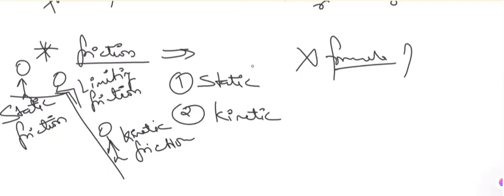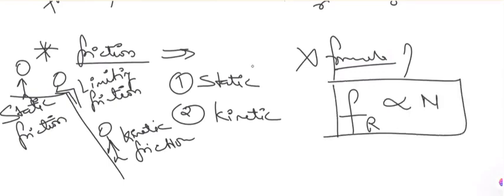If I have frictional force, it will depend on the normal force, which happens in nature. The normal force applied over the object is directly proportional to the amount of friction. The more you drag any object, the more friction you will find over that surface.